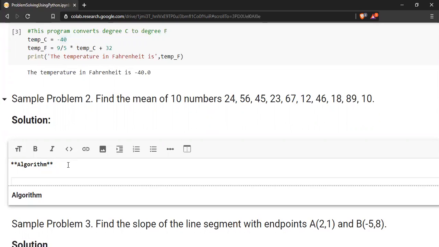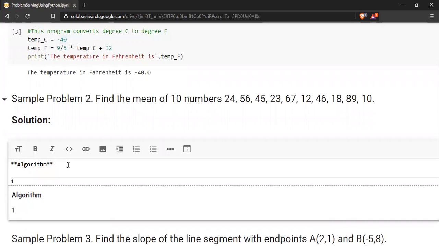So in my algorithm, I will start by assigning a variable to the 10 numbers. I will use assign variables to the numbers. So that's your first step.